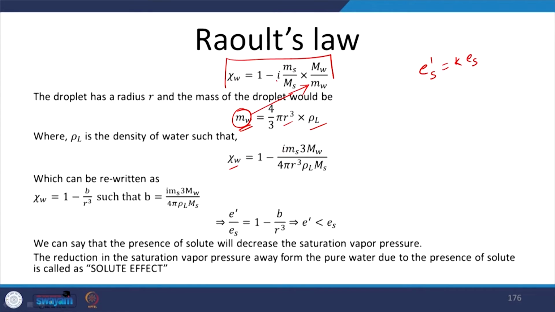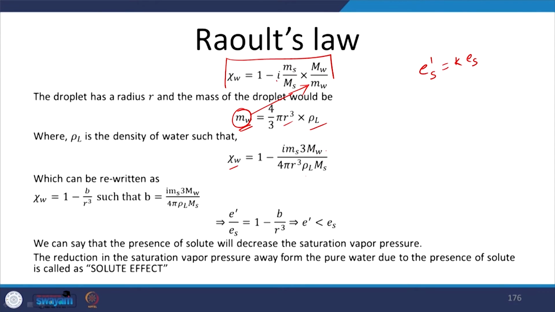So chi W is 1 minus i, the degree of ionization, times ms, the mass of solute, times 3 times capital MW, the molecular weight of water, divided by 4 pi r cubed, where r is the droplet's radius, rho L is the density of water, and capital Ms is the molecular weight of the solute.